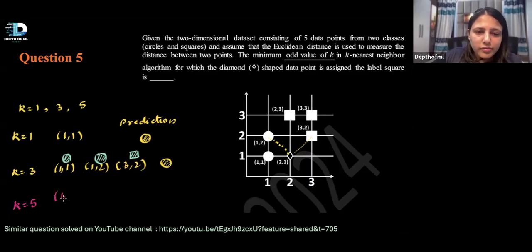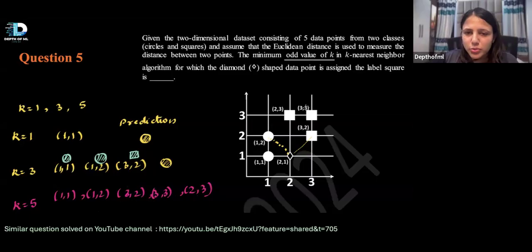So you have 1, 1, 1, 2, 3, 2, 3, 3, and 2, 3, right? First of all, I don't even have to compute anything.